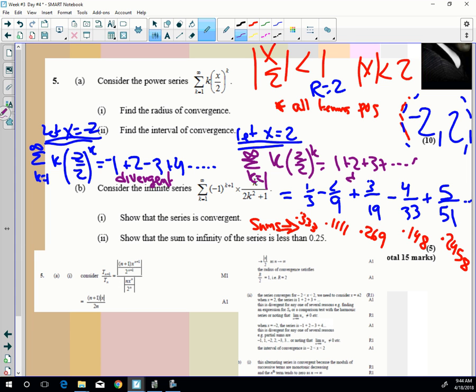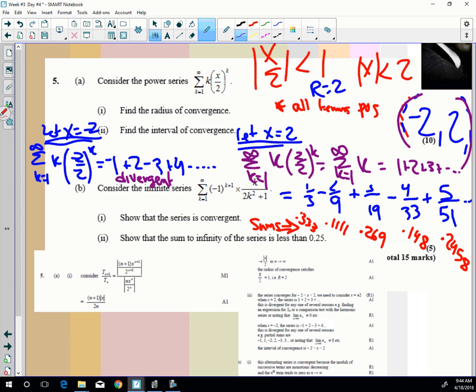Yeah, it totally diverges. So neither of these endpoints is going to be included in your convergence interval.